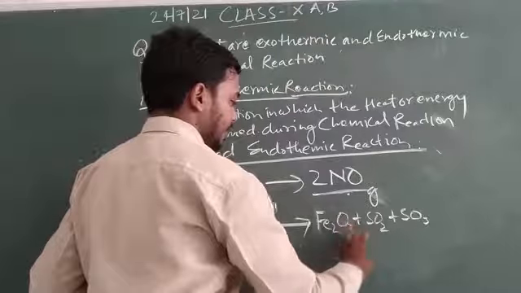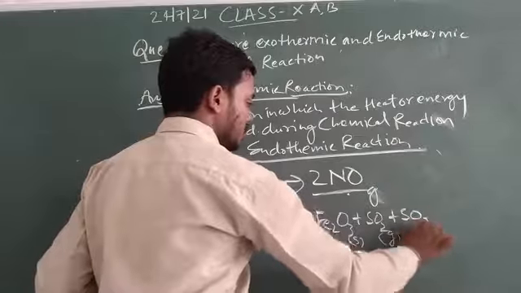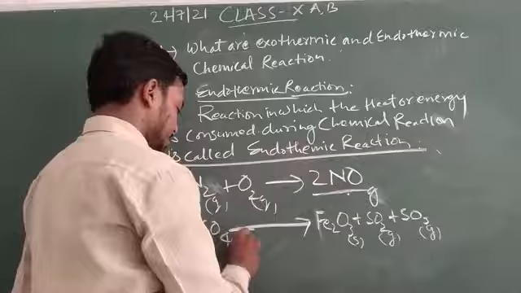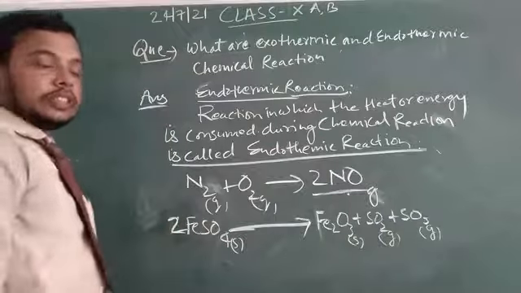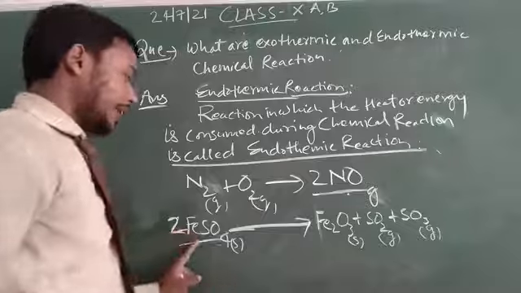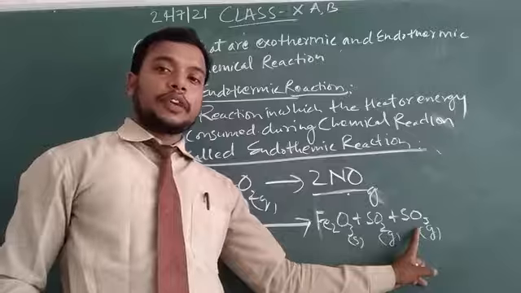Here is solid, here is gas, and here is a gas also. Here is solid. So it is an example of ferrous sulfate, ferric oxide, sulfur dioxide, sulfur trioxide.